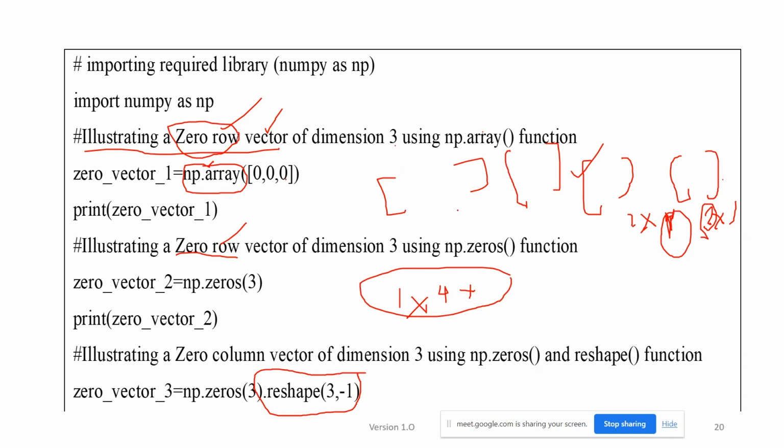So this is first element, second element, third element, that means one row with 3 columns. This is one column: first one, second one, third one, so 3 rows with 1 column.